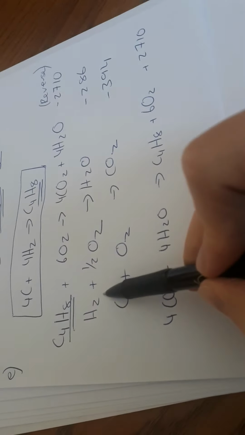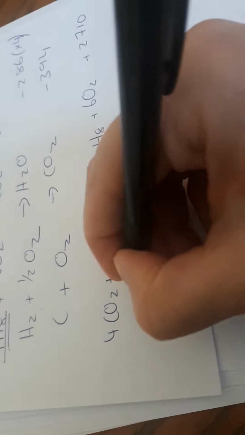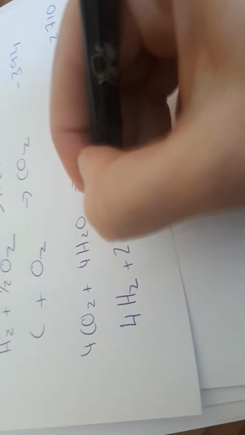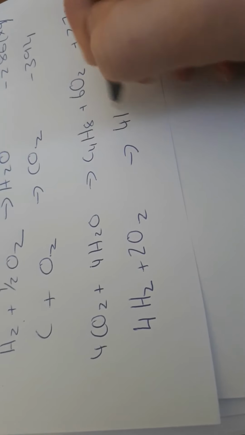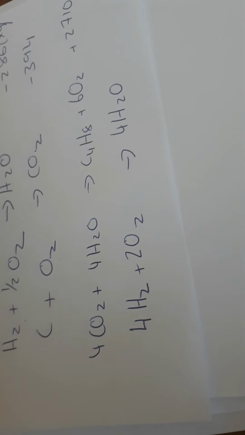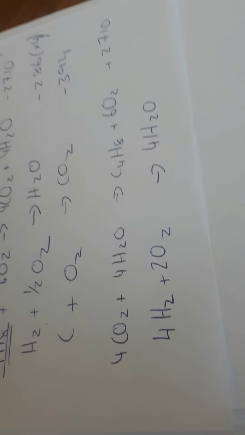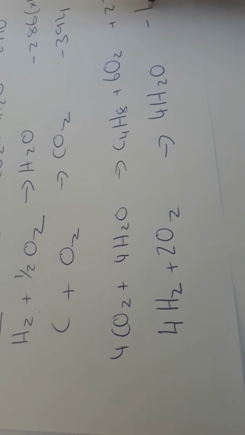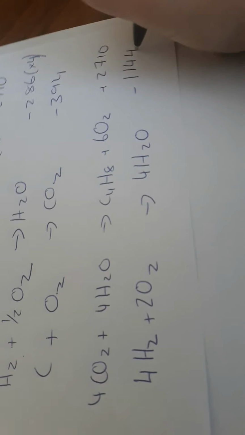Looking up here, H2, I need 4, so I have to multiply this equation by 4. So 4H2, 4 over 2 gives me 2O2, and that gives me 4H2O. So minus 286 multiplied by 4 gives me an answer of minus 1144.